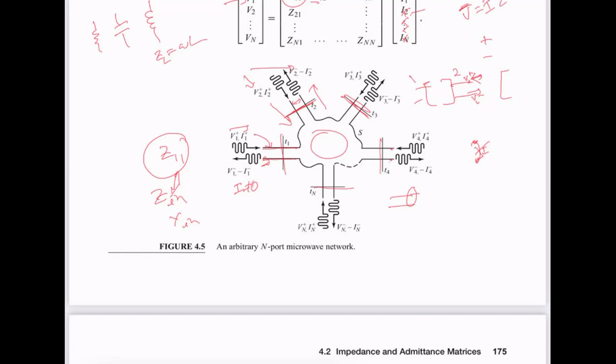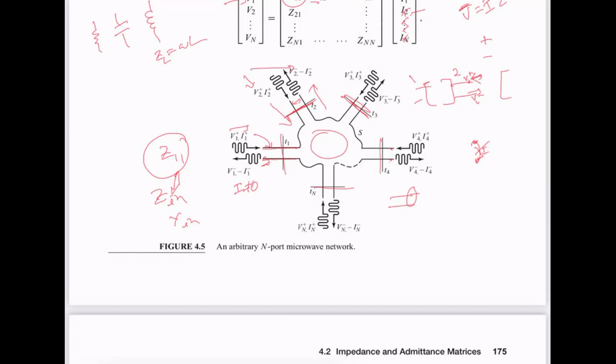Yesterday we discussed the concept of impedance and admittance matrix of a network. The network is basically a black box, even though sometimes you can give it a representation. We looked at a few of those. And then you only define the properties with respect to the terminals. And we discussed under what conditions that is possible.